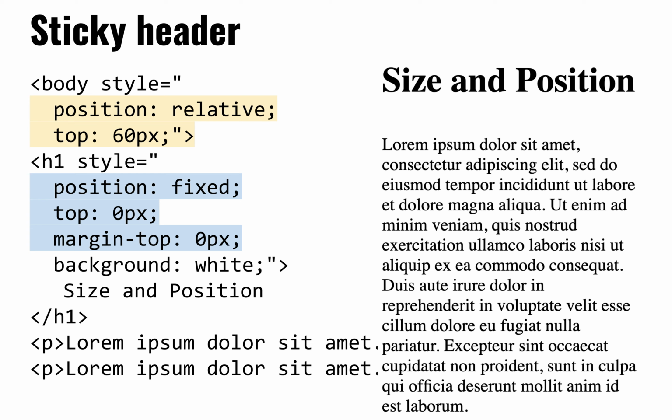First of all, notice that we made the background color white, so that even if it's scrolling behind, you don't see the overlap. You don't see the paragraphs behind the heading through the heading. And the second thing we're doing is that we need to push these paragraphs down to compensate for the heading not being there anymore, pushing it down. There's a couple of ways we could do it.